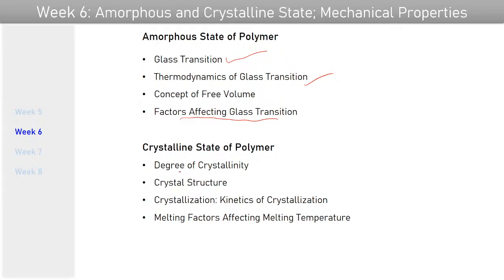This degree of crystallinity is a measure of the amount of crystalline fraction that you have in the polymer sample. We talked about kinetics of crystallization, particularly the Avrami equation describing its kinetics, and finally the factors which affect the melting temperature.